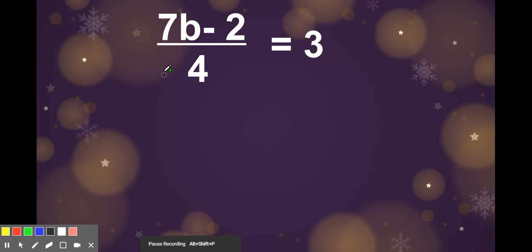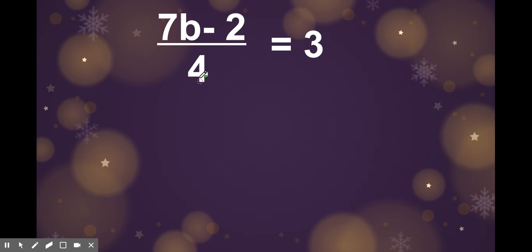So then what we're going to have to do is, because my goal is to get this b by itself, I'm kind of like knocking down the building blocks until I get to here. So the only thing I can do right now is get rid of this 4. And I know once I get rid of this 4, I can start working with my 7b minus 2.